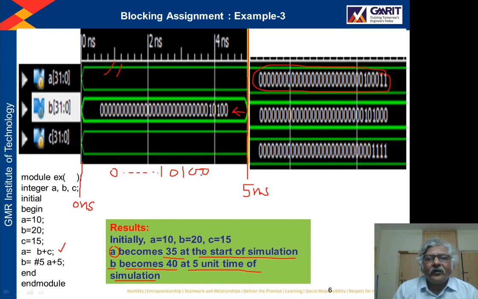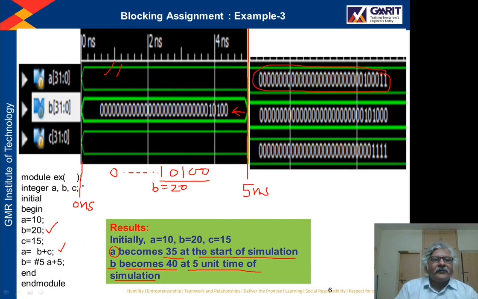So what is this value? If you write in decimal, then it will be 16 plus 8. It will be 20. So the value of B is 20. Up to 5 ns, the value of B is 20. Because you see here, in this statement, B is 20.